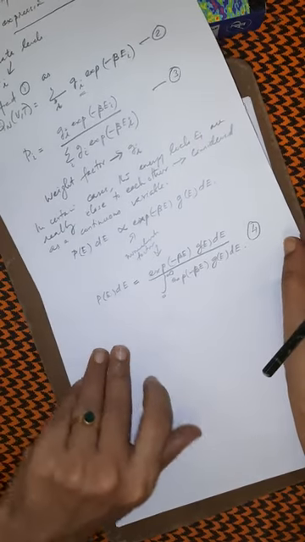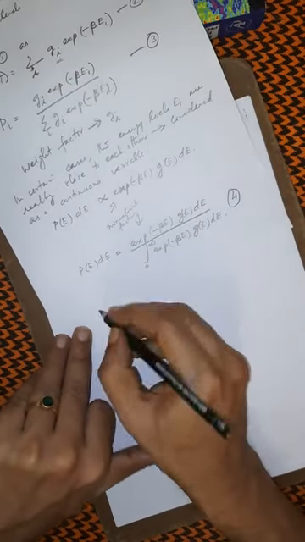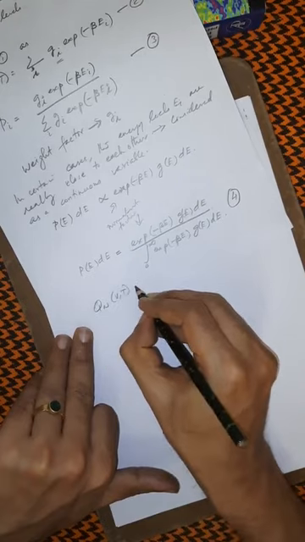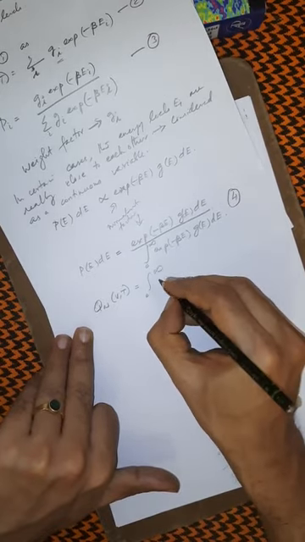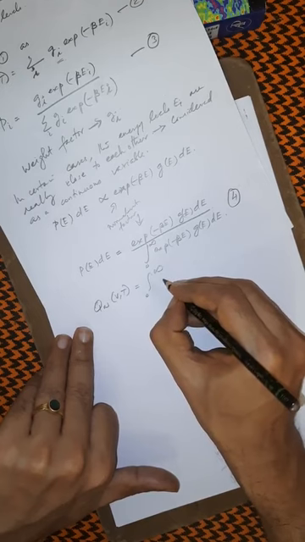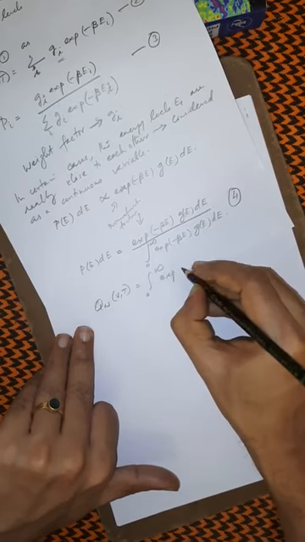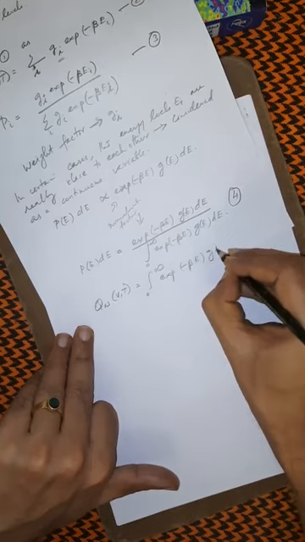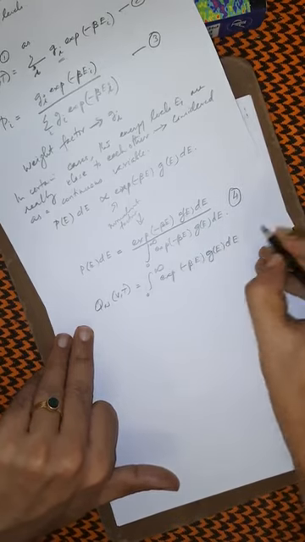So now this partition function, the new partition function, I can write as Q equal to the integral from 0 to infinity of exponential minus beta E Gi.